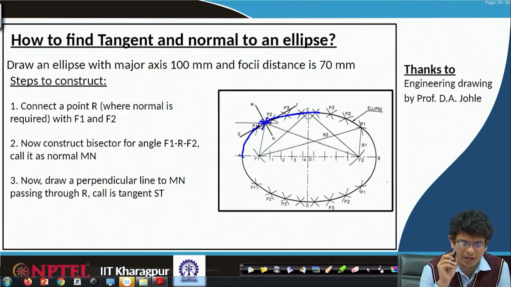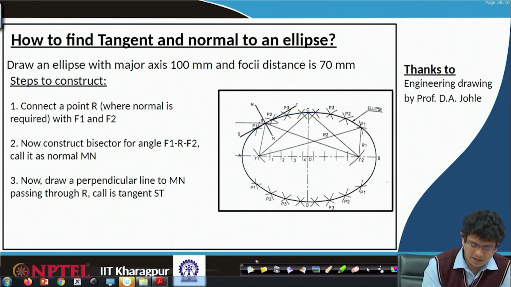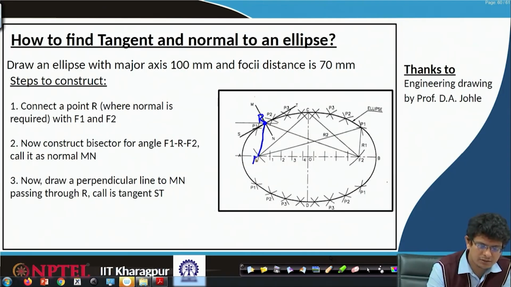For that purpose, after deciding where you would like to draw the normal or tangent, connect that point R with focus F1. Similarly, join this R with focus F2.